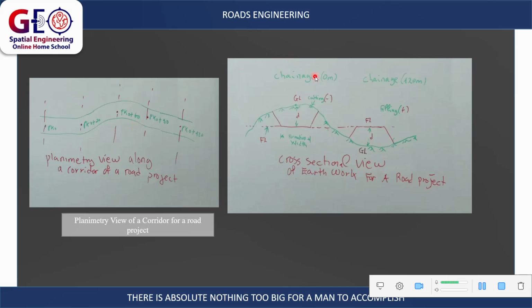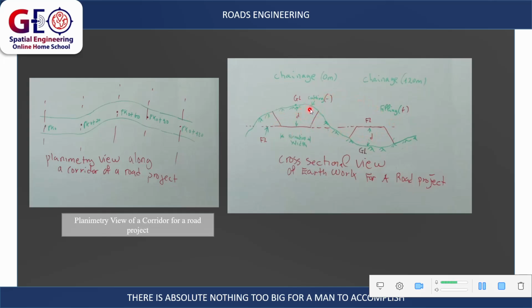Then now, this is just a cross-sectional representation of this corridor. We have the ground level, GL, the natural ground level. So the heights of points have been taken on the natural ground level. And we have been given the formation level, FL, of the first point. Then we know that D is the distance to cut from the natural ground to the formation level. Then we have been given the side slope.